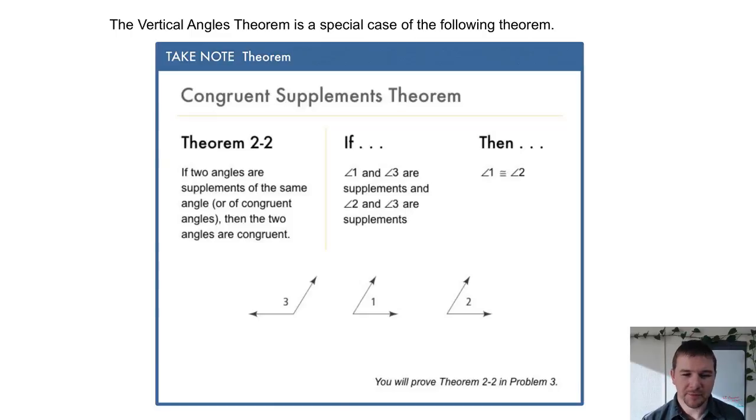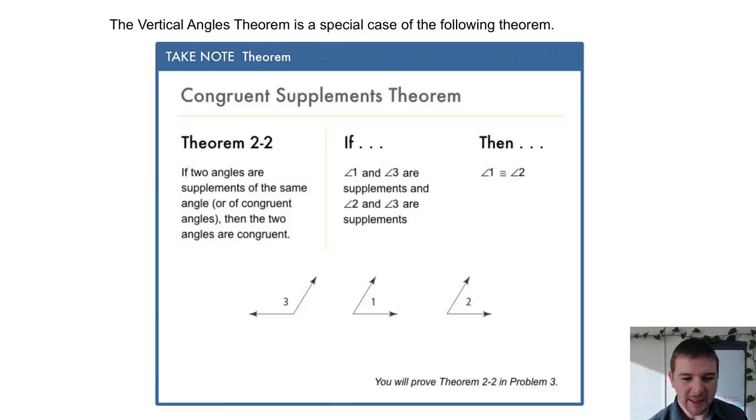Theorem 2-2, the congruent supplements theorem. It states if two angles are supplements of the same angle, or of congruent angles, then the two angles are congruent. So this diagram should help explain.